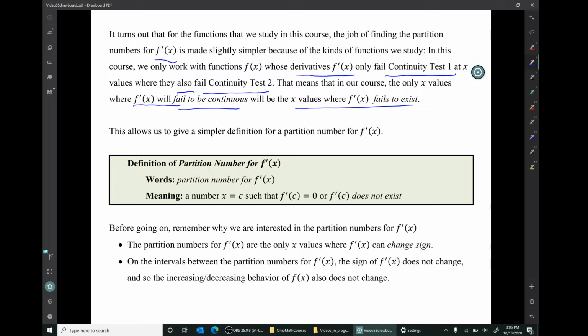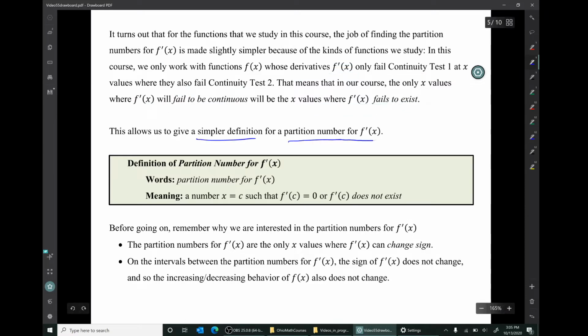You only have to find the places where f prime fails to exist. So that allows us to give a simpler definition of a partition number for f prime of x. A partition number for f prime of x is a number x equals c that causes either f prime of x to be 0 or f prime of x to not exist.